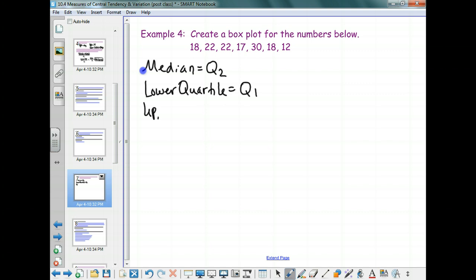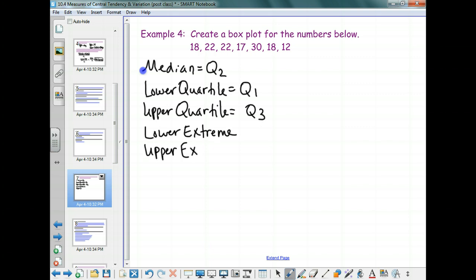We need the upper quartile, which is Q3. We need the lower extreme, that is the lowest value, and we need the upper extreme, the largest value. So we need all of these values in order to construct this plot.